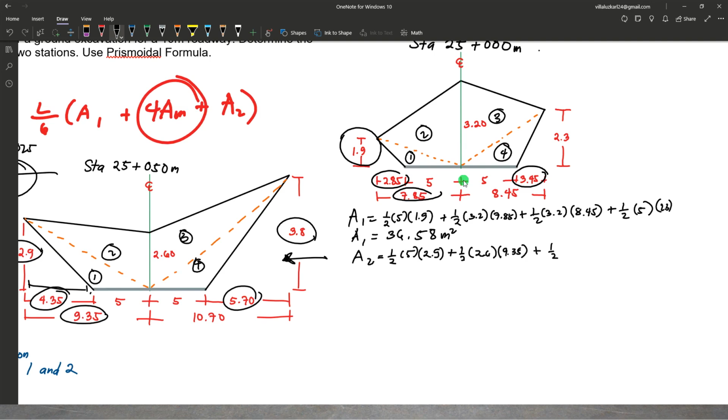Third triangle, 1 half, 2.6 as the base, height is 10.7. And the fourth, 1 half, base is 5, height is 3.8. Area 2 is 42.815 square meters.